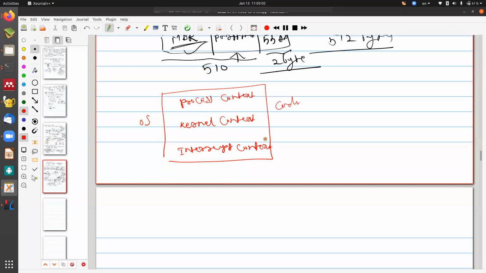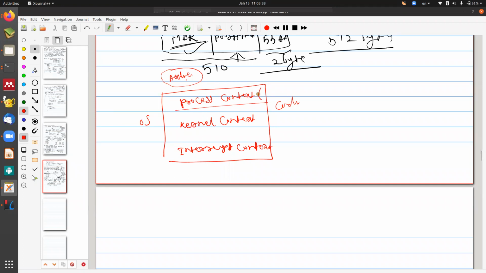Because I told you these are the codes. The process context are the codes through which any application program has to interact with the OS. Because when any application program interacts with the OS, some code must be involved; whatever the application program has written cannot be directly accessed. Your OS has to provide certain code through which the application program can access it. So this is called the process context.